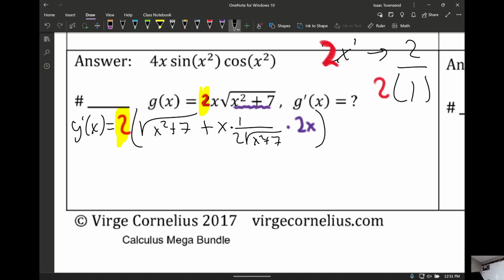Your inside is not x squared yet. Bring the power down, and the inside is the outside. This is why with tree functions, sometimes you're going to write them like this. I see. Oh, that's literally what I did. Okay, yeah, okay. What do you have?